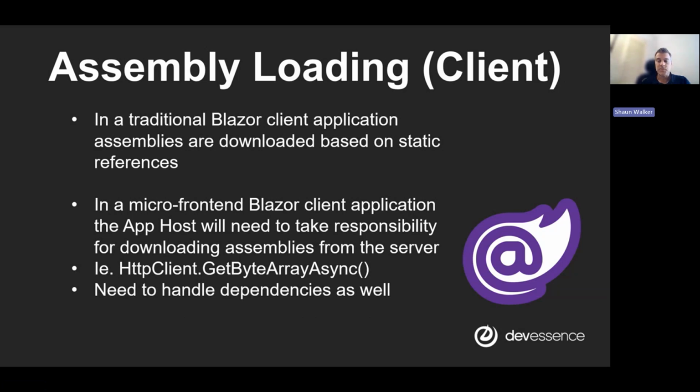And so in the cases where an assembly has other dependencies, you need to be able to download those as well. And then, of course, on the client, you would still use the same dynamic mechanisms to load the assemblies into the app domain that's available on the client side or on the device. And so this is only, of course, pertinent if you're building a client Blazor application. You don't have to worry about this if you're strictly building a Blazor server application.